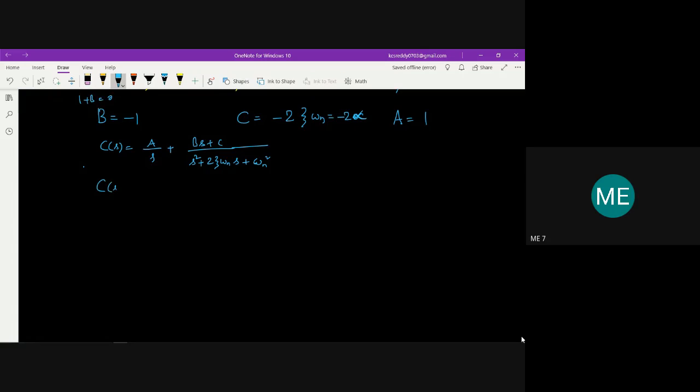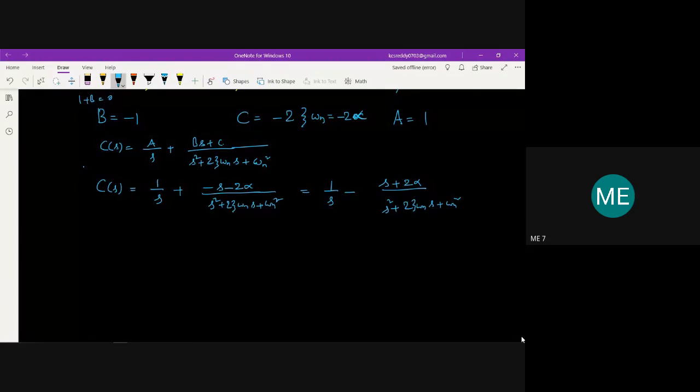So C of s is equal to 1 by s plus, B is minus 1, so minus s, and C equal to minus 2 alpha, divided by s square plus 2 zeta omega n into s plus omega n square. This is what we have after substitution. Of course, you can take the minus common and write directly 1 by s minus s plus 2 alpha divided by s square plus 2 zeta omega n into s plus omega n square.